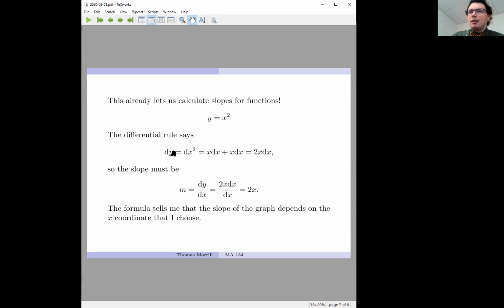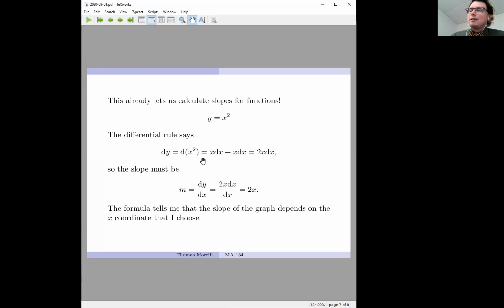But I can say that dy should be the same as d of x squared. We put some parentheses in there to make that a little bit more clear. dy is d of x squared. So this differential here is equal to this differential here, exactly because of the rule that governs these two variables.